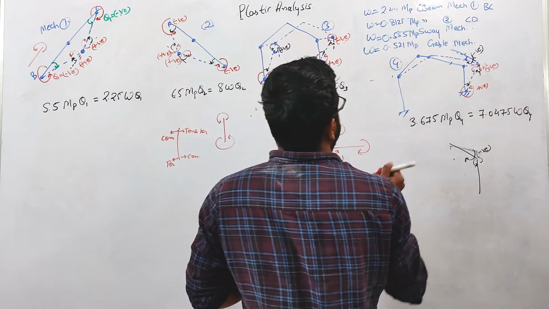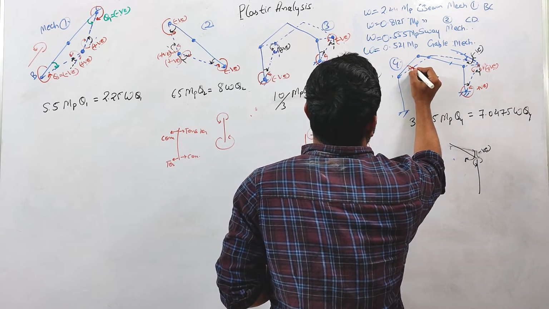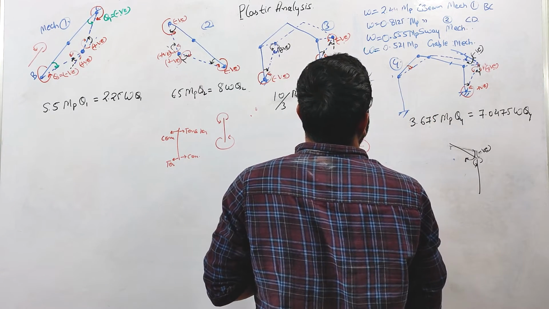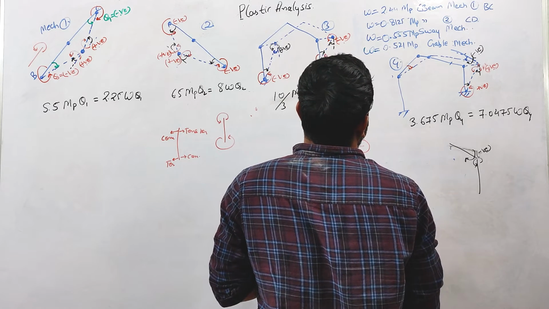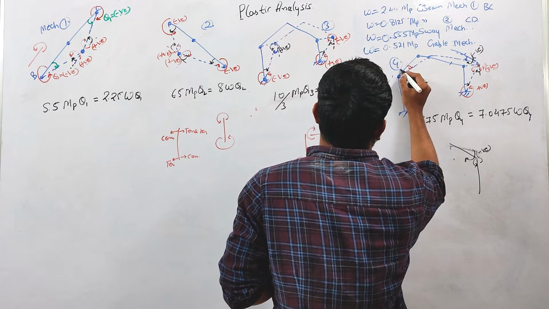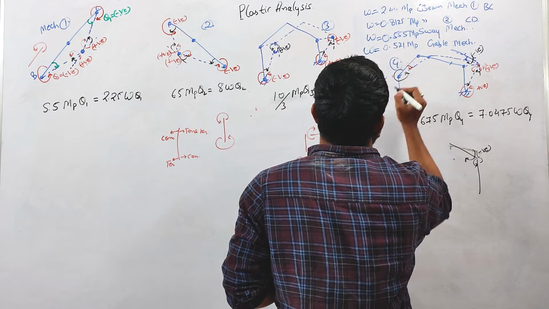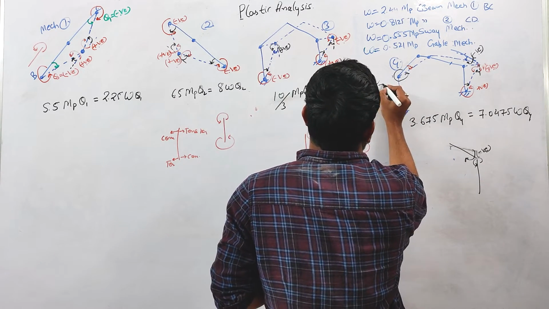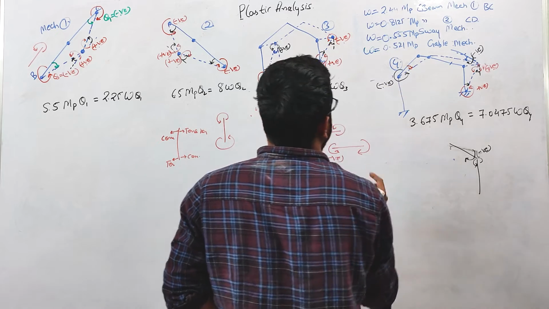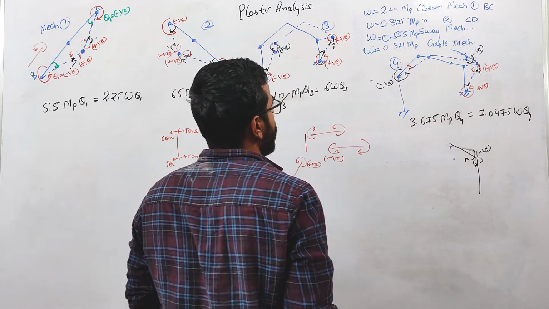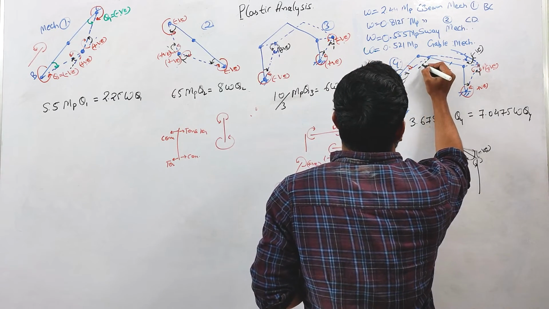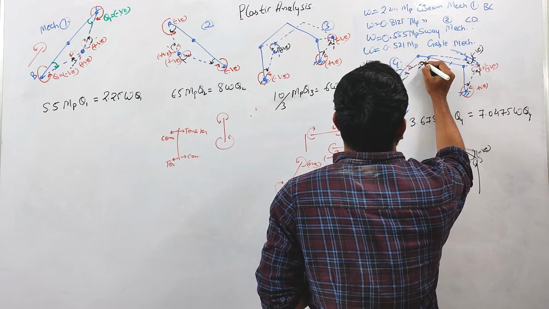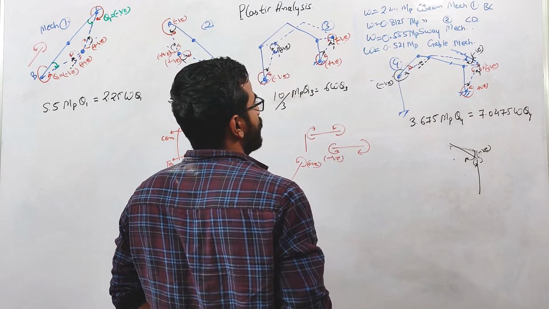Similarly, if you come to this point, this is clockwise. So to resist, the plastic moment will act opposite to this direction, which is anti-clockwise, right? So this will be considered negative because it is producing compression inside, right? Similarly here, this is the direction of the rotation, which is clockwise.